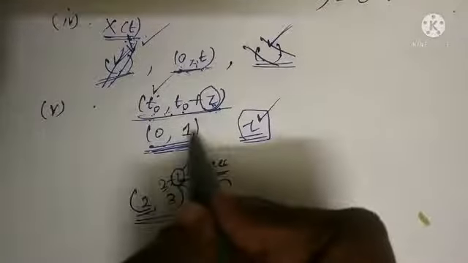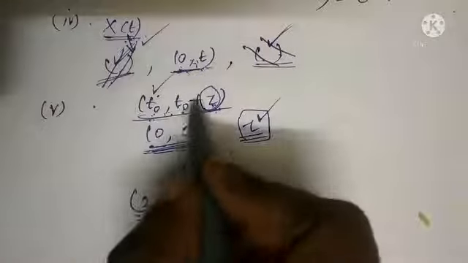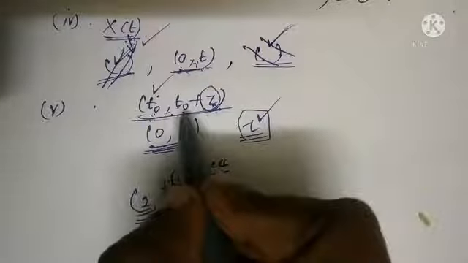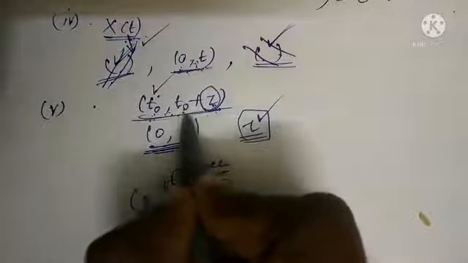And if you consider t naught, t naught plus tau, the event which occurs a specified number of times in the interval has a probability that depends only on tau, not on t naught.